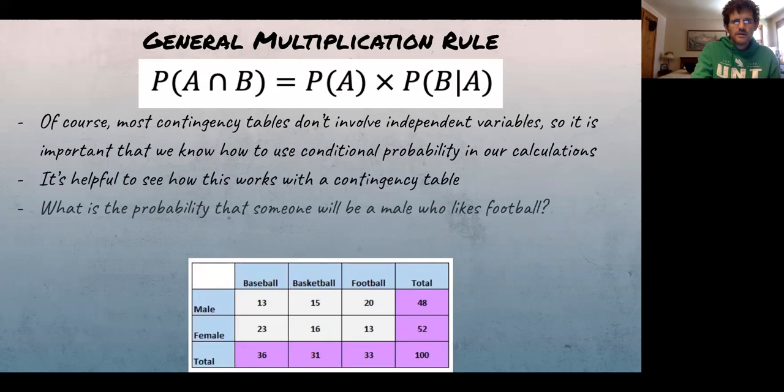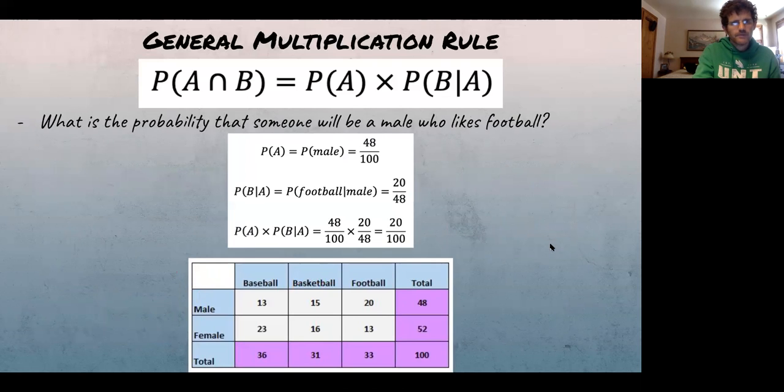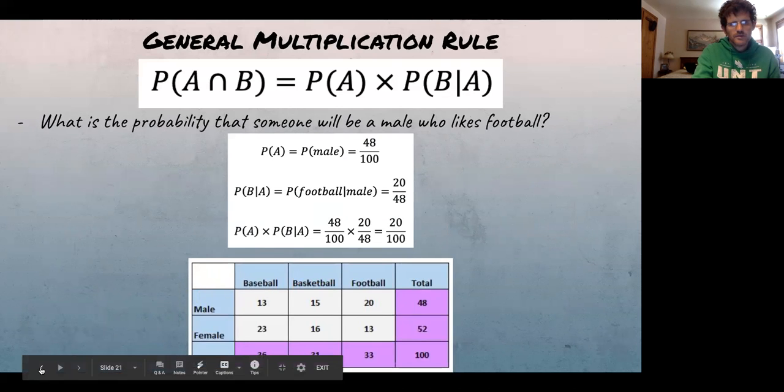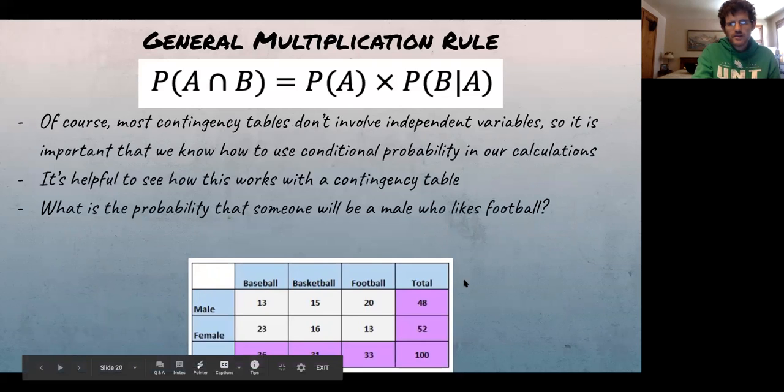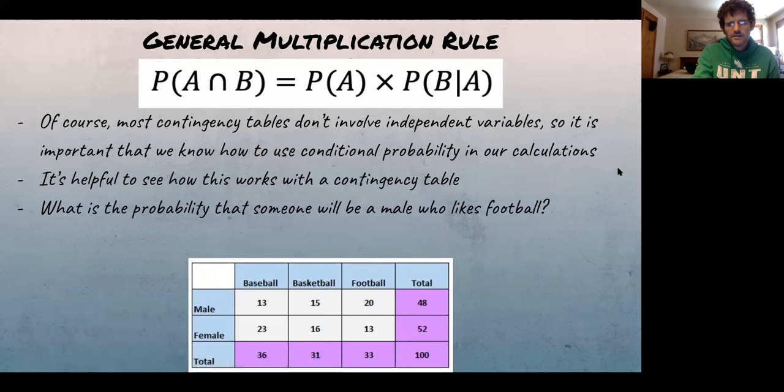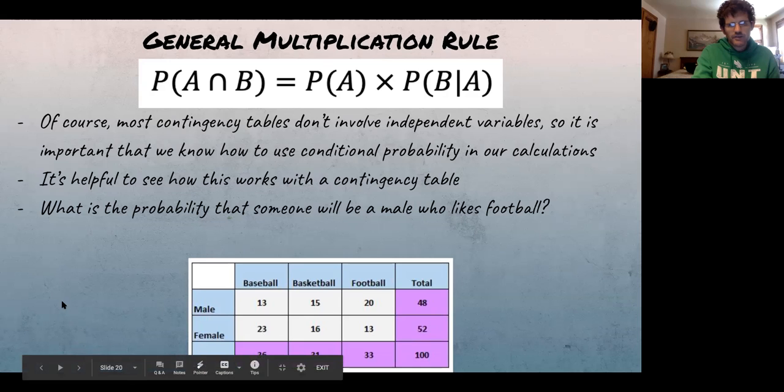So what's the probability that someone will be a male who likes football? Let me go back to this real quick. So you can see the two-way table right here. I think the calculation that I illustrate next will help go through it.